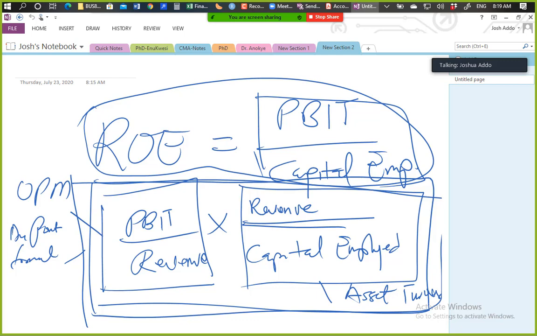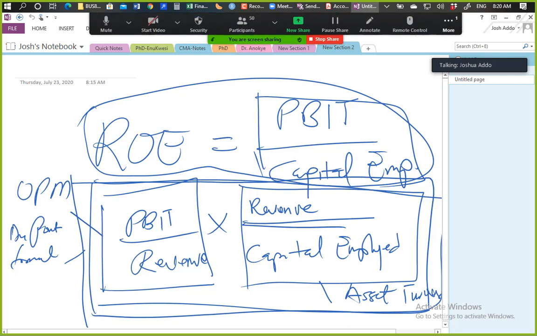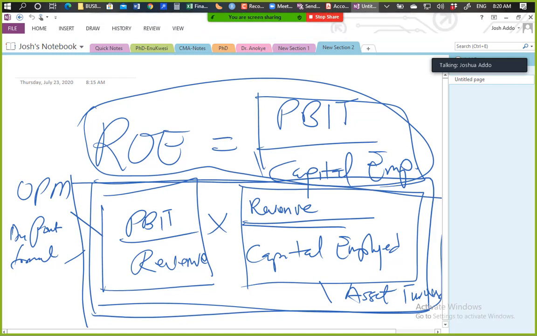Let's go to the efficiency ratios. The efficiency ratios help us to measure how efficiently we are using the company's assets. And you know the assets. We have non-current assets, total assets, we even have current assets.